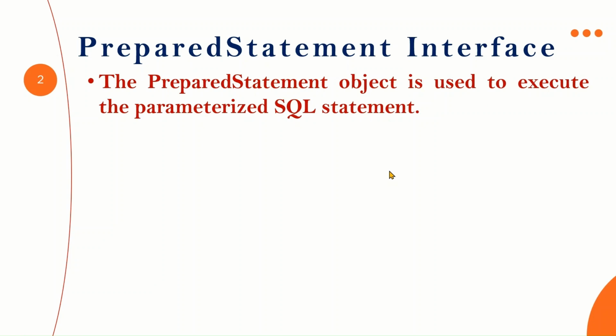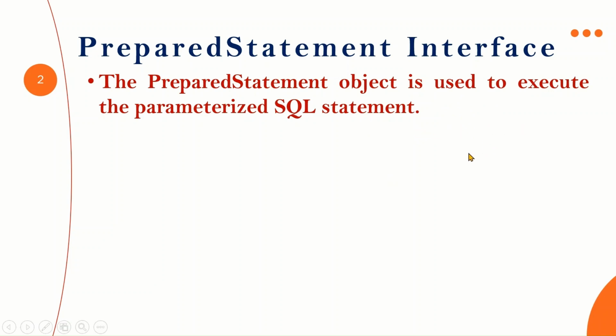Those values I'm not going to pass at the time of syntax checking. So before setting the values, we check the syntax, whether the particular query is correct or not. If the syntax of the query is correct, then only are we going to set the values later on.